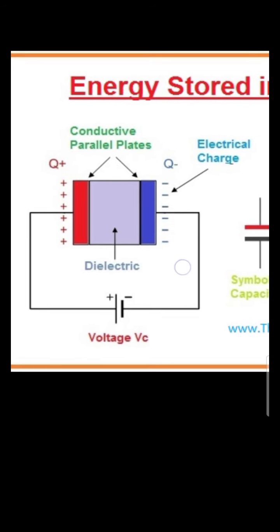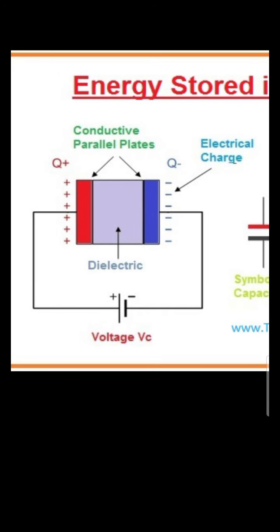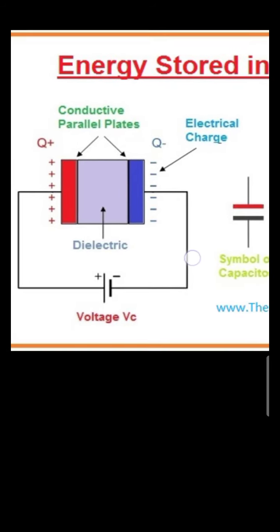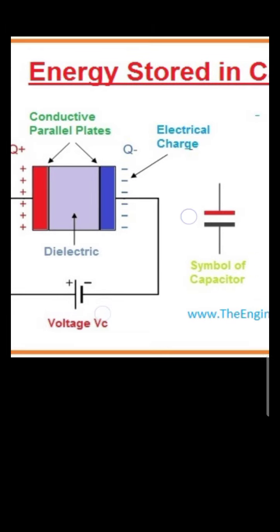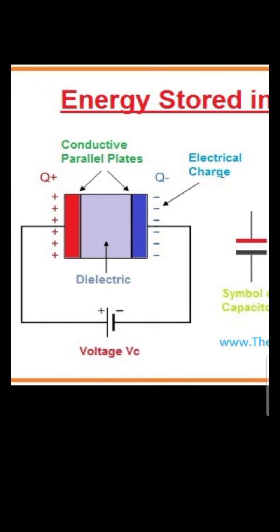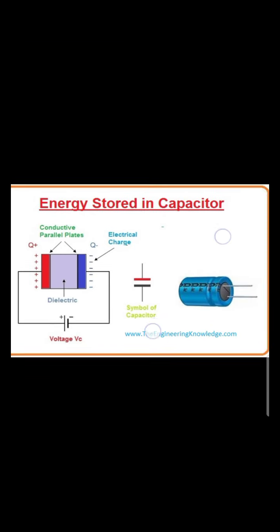The capacitor has two plates, a negative plate and a positive plate, the cathode and anode. The negative plate of the capacitor is connected with the negative terminal of the battery, and the positive terminal of the capacitor is connected with the positive terminal of the battery.